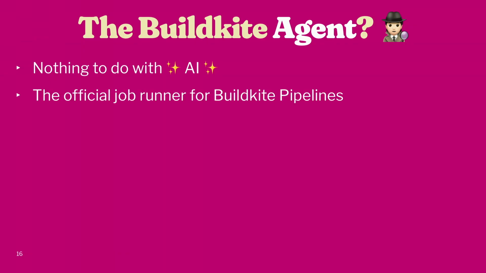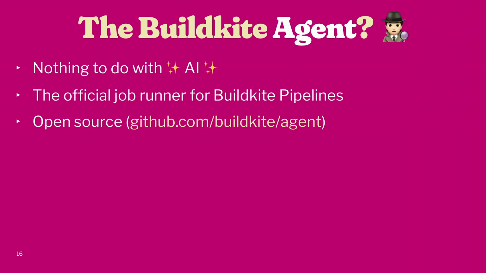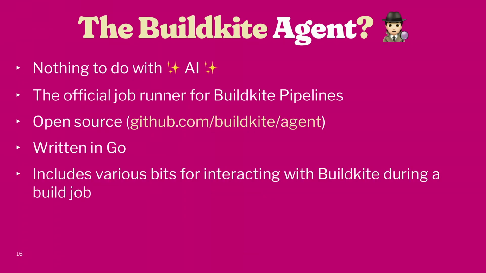It is the job runner for Buildkite pipelines. And so it's open source. Obviously, we don't necessarily want you to have to trust us that the code is totes legit. You can go and poke at it yourself. It's written in Go, which might be a bit different for some of you, more in the Xcode, iOS, Swift, Objective-C land. Go is a bit different.